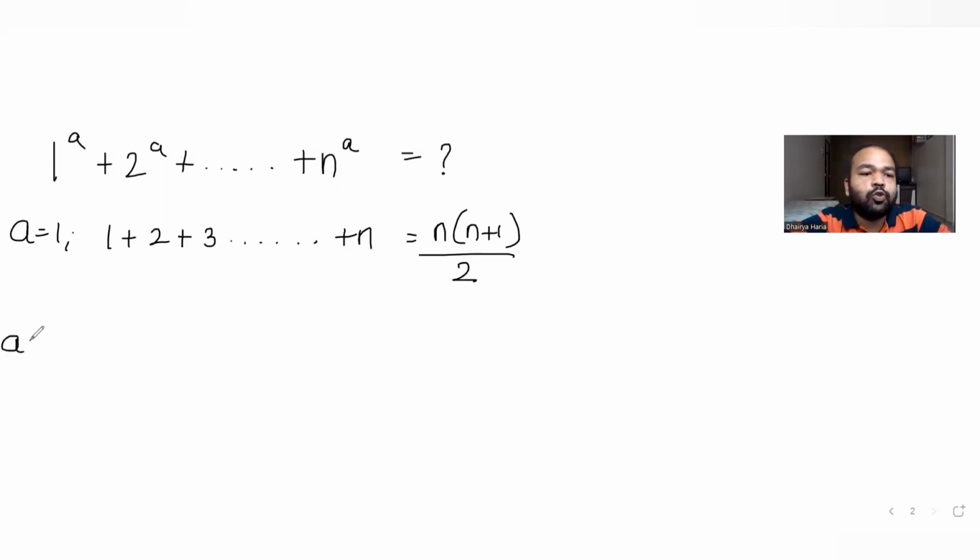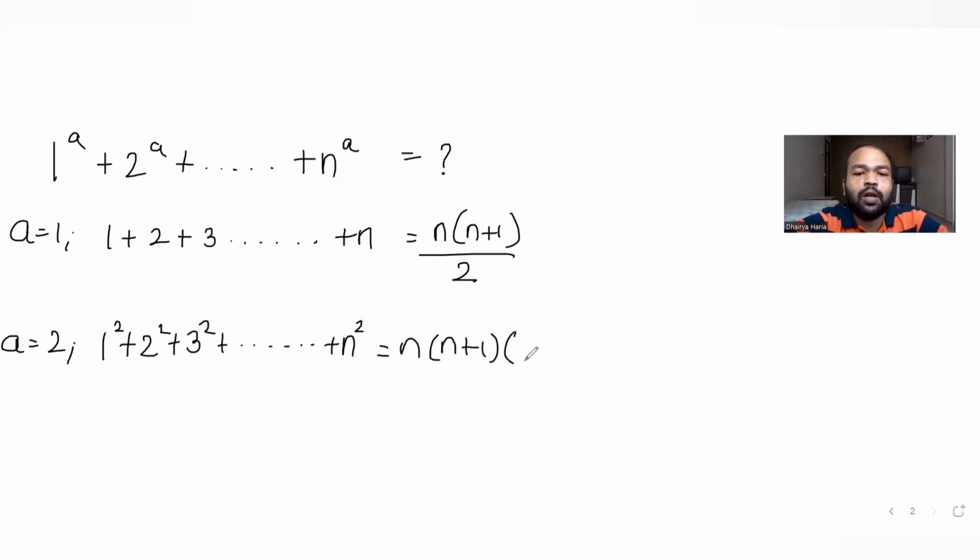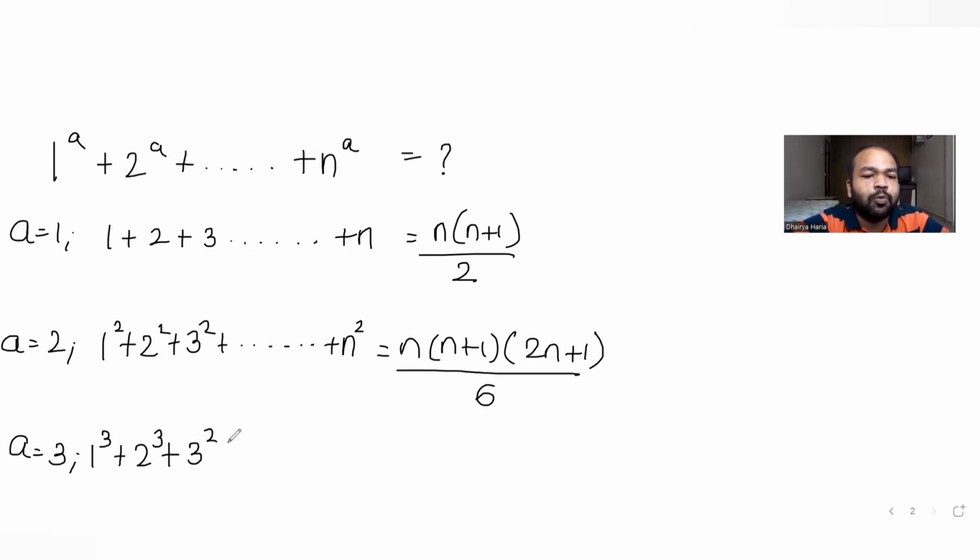If I put a as 2, the sum becomes 1 square plus 2 square plus 3 square till n square, and the expansion of that is n into n plus 1 into 2n plus 1 upon 6. If I put a as 3, I get 1 cube plus 2 cube plus 3 cube till n cube, which becomes n square into n plus 1 the whole square.